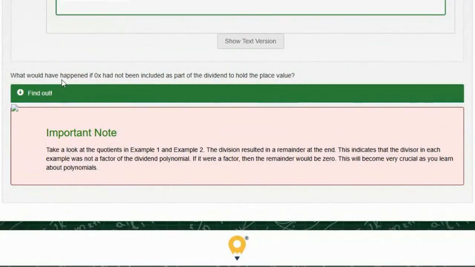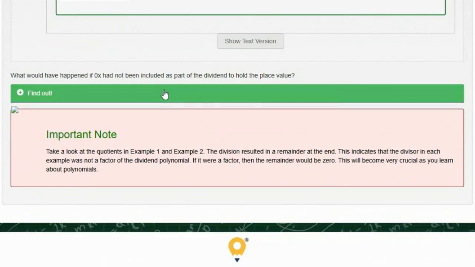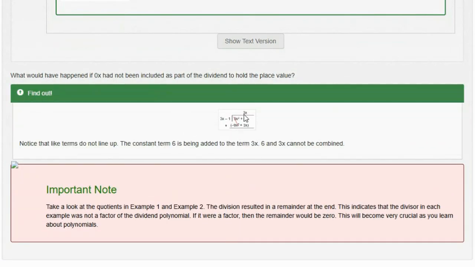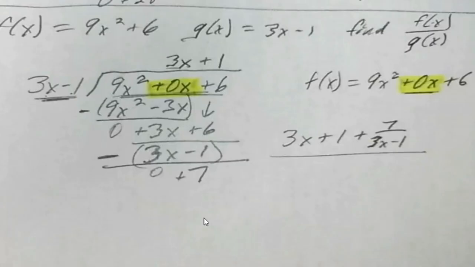Now, this says what would have happened if we had not included the 0x. We just said 3x. When we multiply it back, we get 9x plus 3x. But then we would have trouble adding the 6. We'd have trouble adding the 6 to the 3x because they cannot be combined. That's the important part of this.